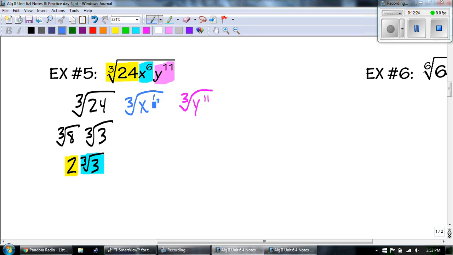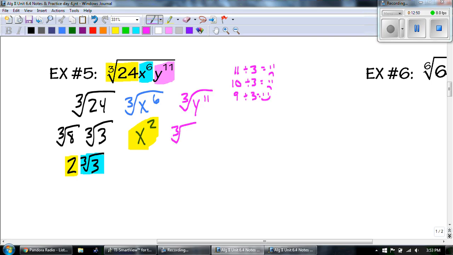The cubed root of x to the 6, we can actually divide that out and get the x squared. Okay, and now can 11 be divided by 3? Nope. What about the next number? Nope. But can 9 be divided by 3? Yay!